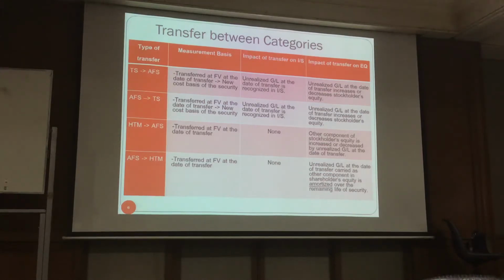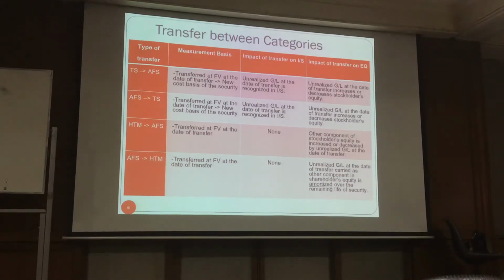No, right? That's why accounting standards try to protect you by saying, look, if you want to transfer from trading to available for sale, or even available for sale to trading, on the day you transfer, you got to mark to market first, right? So you transfer at fair value.